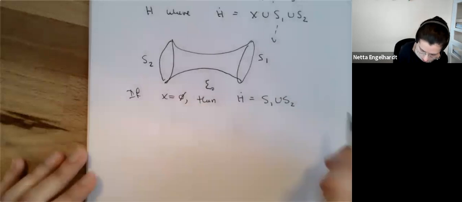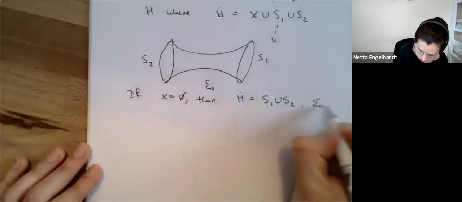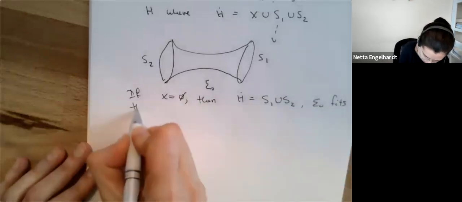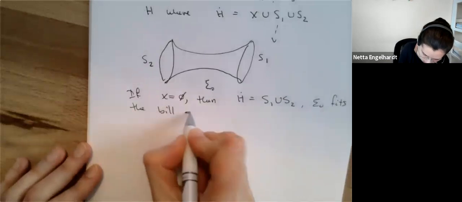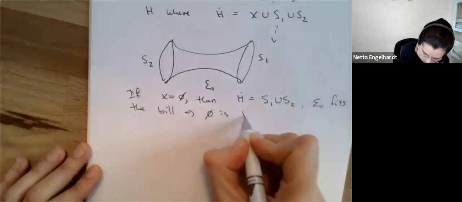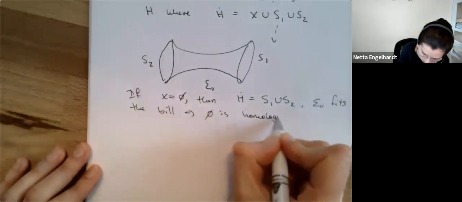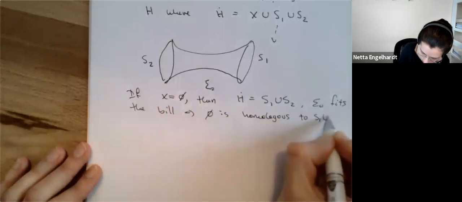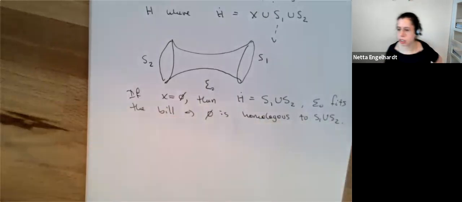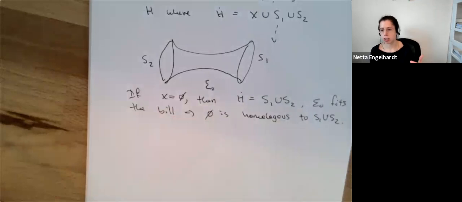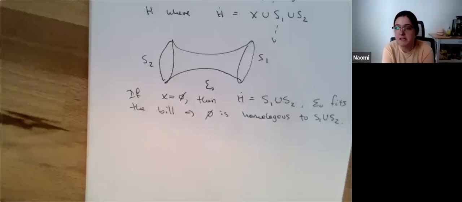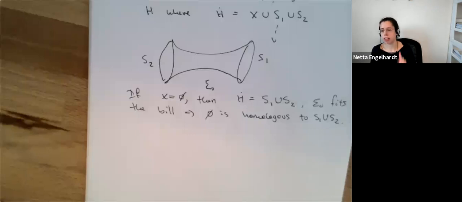So sigma 0 fits the bill, which tells us that the empty set is homologous to S1 union S2. And as soon as the empty set is homologous to our boundary region, it must be the minimal area surface, since its area is 0. Okay, that makes sense. The problem with the single boundary is that the empty set is not in fact homologous to it. Right.